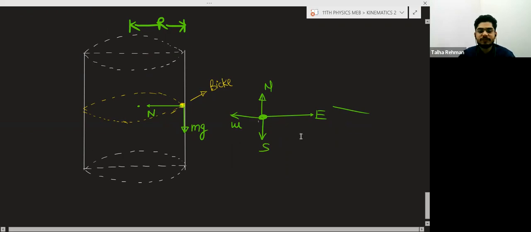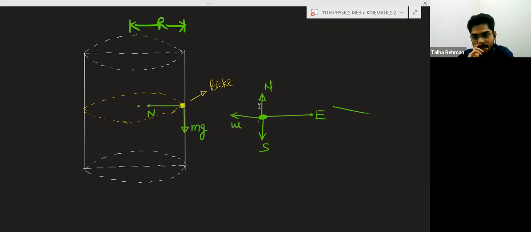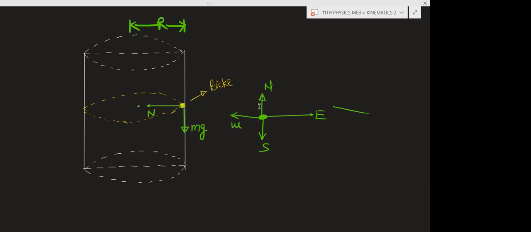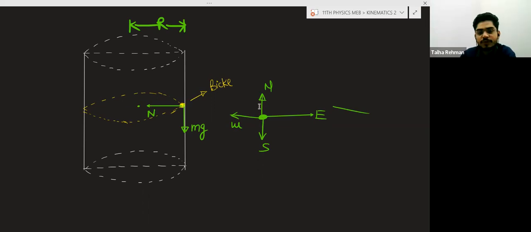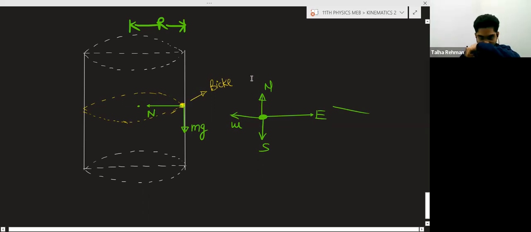So in which direction will the friction force be on the biker, or in between the tire of the bike and the surface? The opposite direction. Opposite direction of normal reaction or weight?